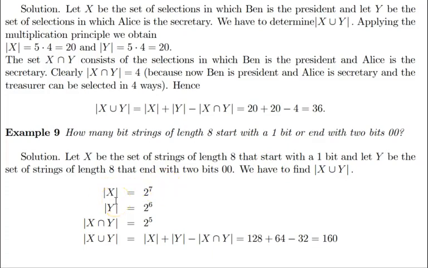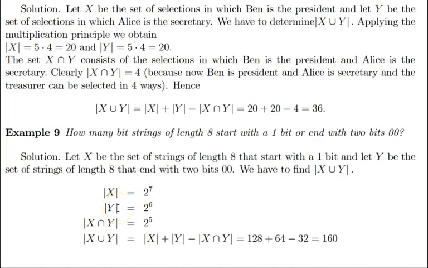The cardinality of X is 2 to the 7, because the first bit is fixed. 7 positions must be filled, and for each we have two choices. 2 to the 7.